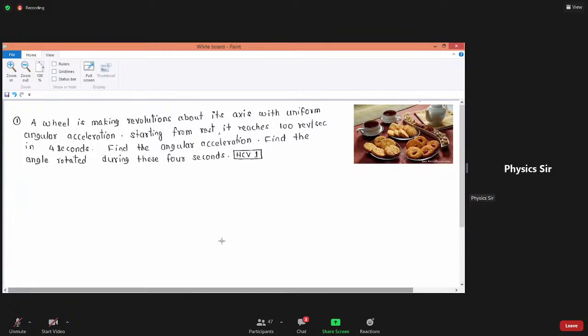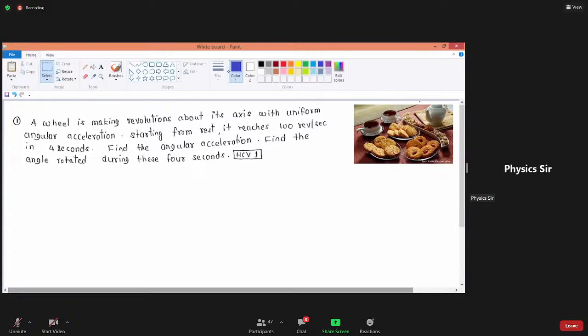So look at this question. बेटा, इधर नंबर भी लिखा है, it is the HC वर्मा सर का first numerical. A wheel is making revolutions about its axis with a uniform angular acceleration starting from the rest. So once they are saying they are starting from the rest, I can understand this initial velocity is 0.